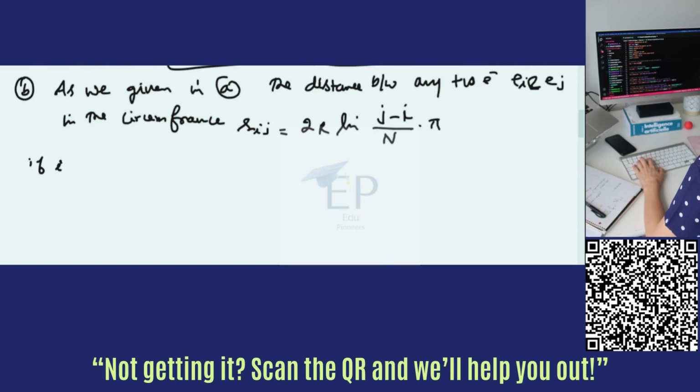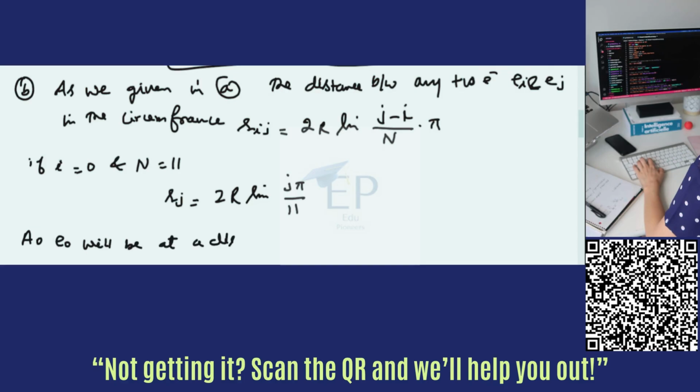If i is equal to 0 and n is equal to 11, Rj will be 2r sine of j pi upon 11, else E naught will be at a distance r from center.